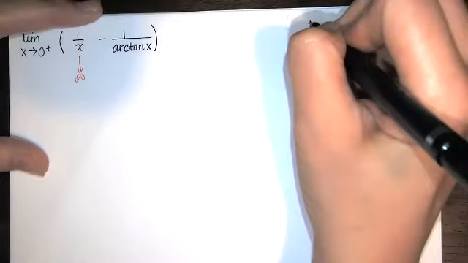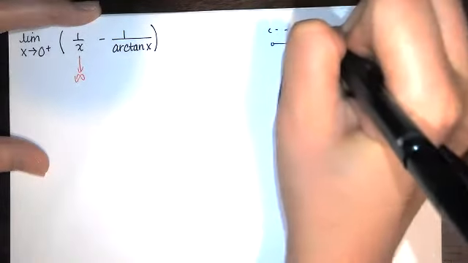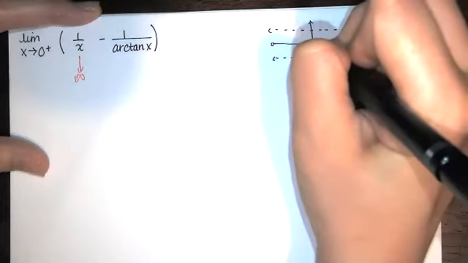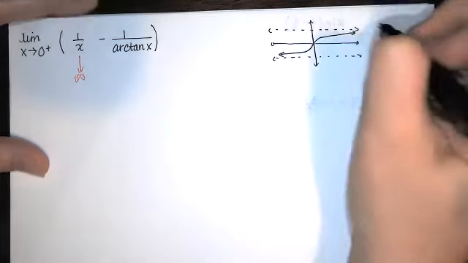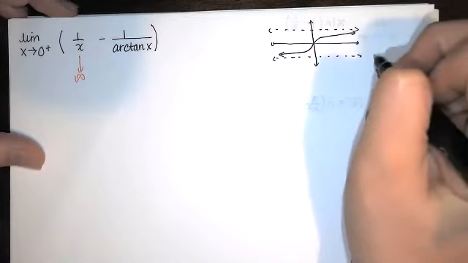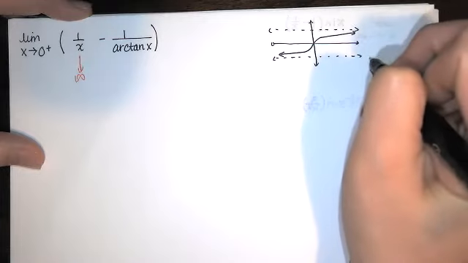And then remember what arctan looks like. We took one branch of that tangent function. We switched x and y. Tangent function had vertical asymptotes at x equals odd multiples of pi over 2.